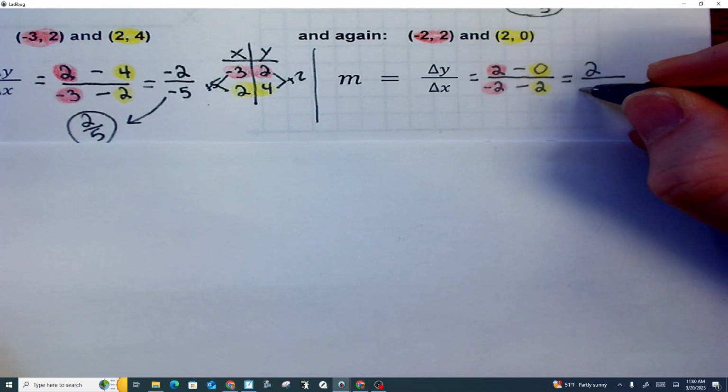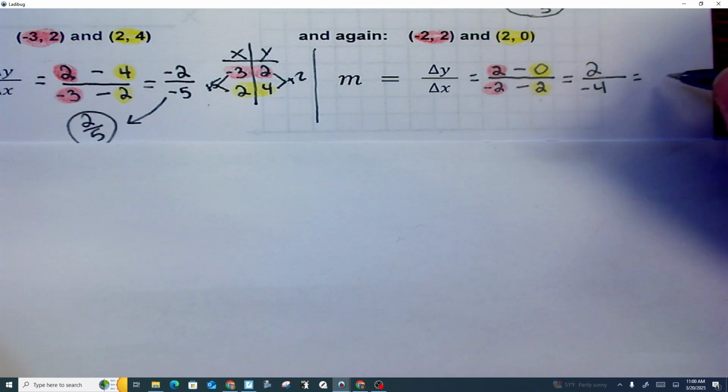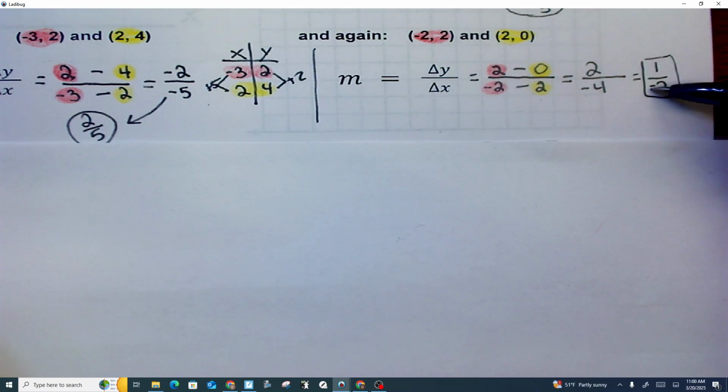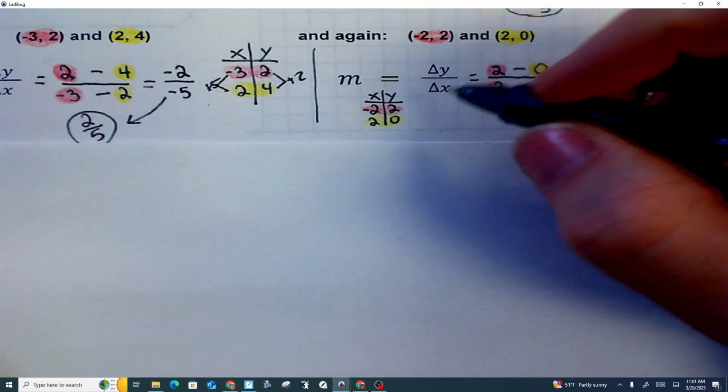So here we'd get 2 over -4. Now this does simplify down to 1 over -2, and that would be a -1/2. You can easily just slide that negative up to the top if you wanted to. Since we've only got one negative sign, we can. But let's go make a table for it. Squeezing that table in there. Look right here.